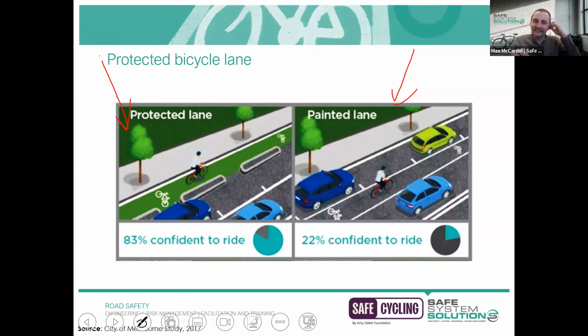And this protected bicycle lane is much more appealing for those within that demographic. And also you can see by the results that have been conducted as part of this survey that people just generally feel a lot safer riding in that, which means you'll be able to see a much larger uptake of cycling if those protected bicycle lanes are prioritized. So lots and lots of good positives there.